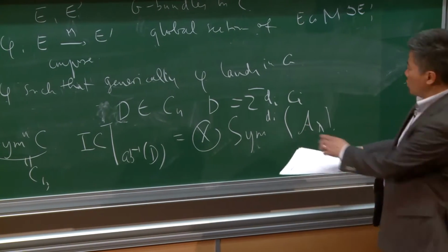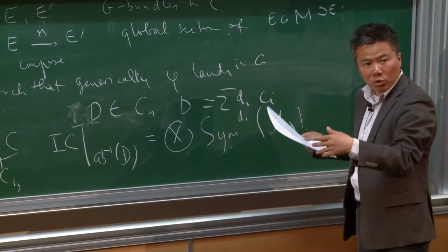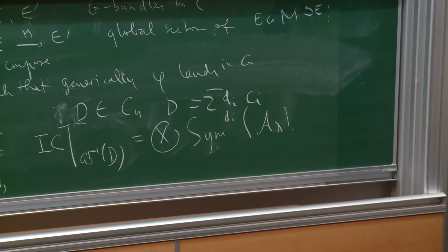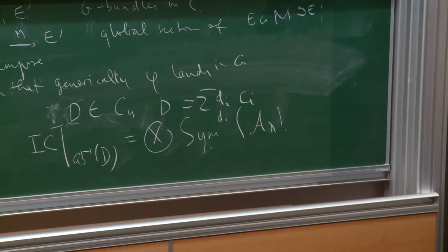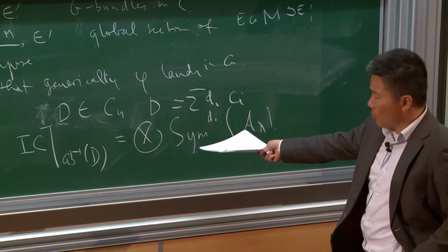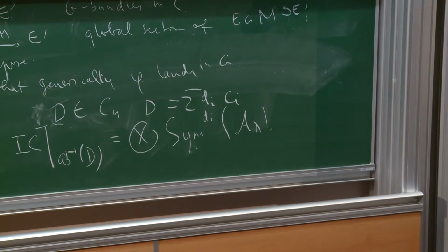And that would correspond to Di equal to 1, and then as points collapse, it gets symmetric powers. This fact can be proven by the same proof as in Lomo's paper.